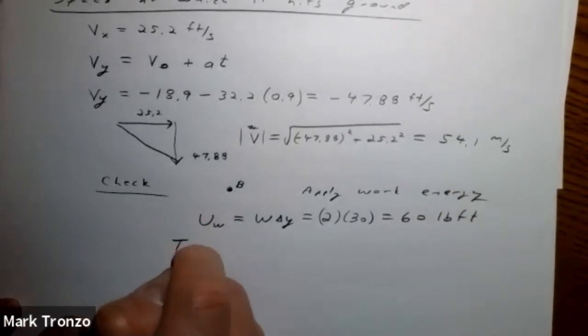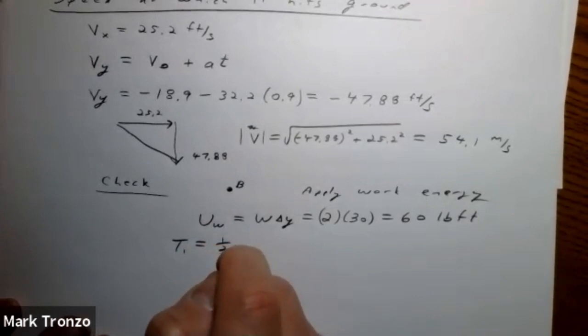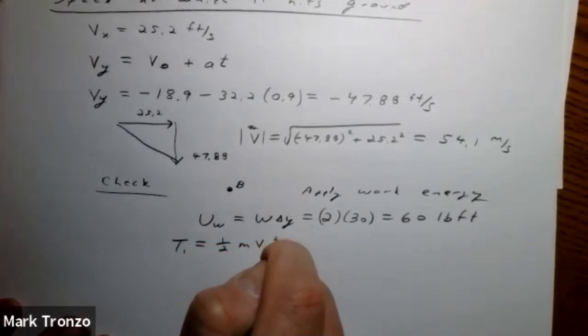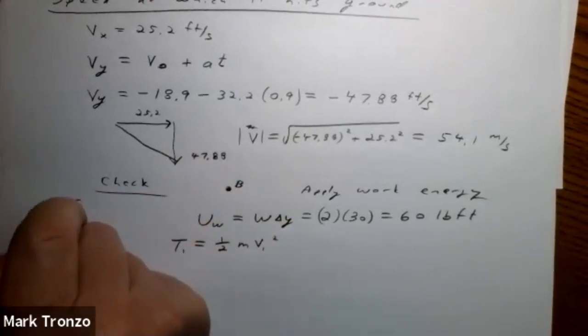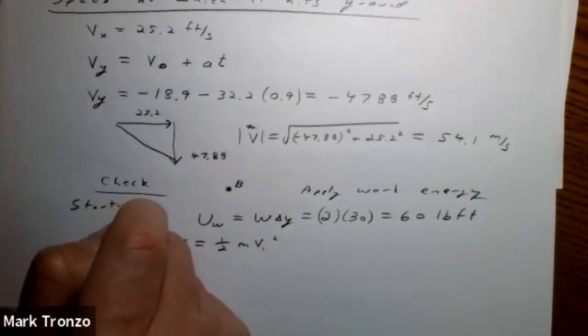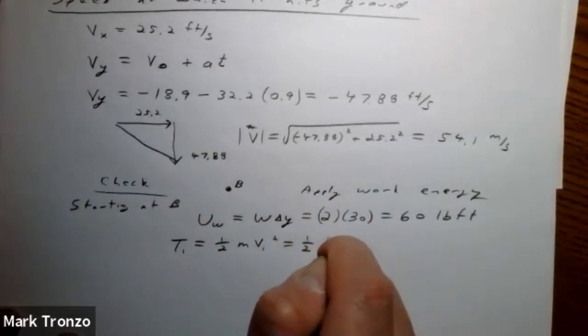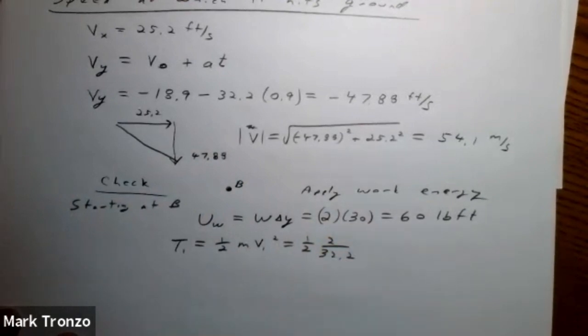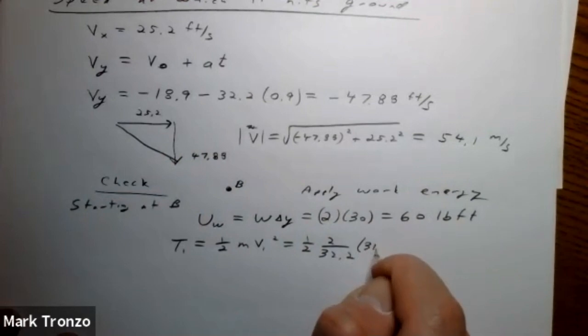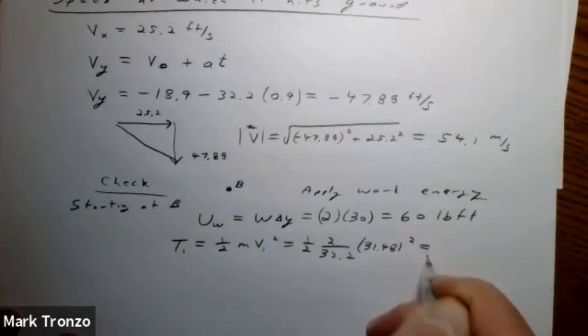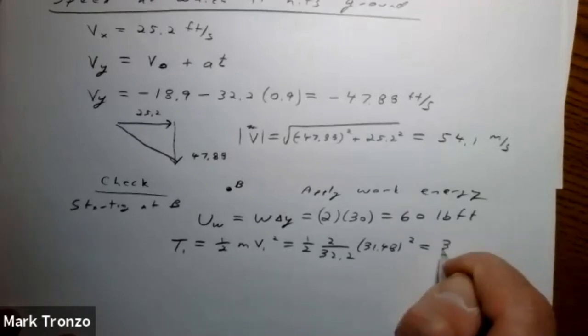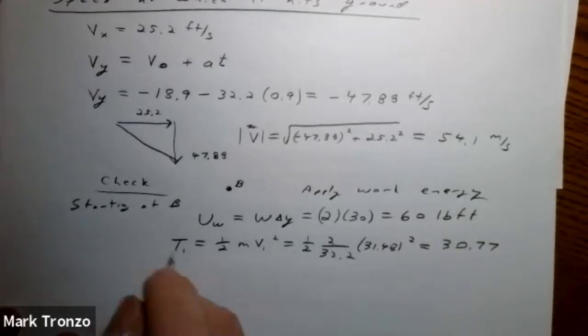And then our initial kinetic energy is 1/2 m v1 squared, again starting at B. Our initial velocity was 31.48 squared divided by 32.2.